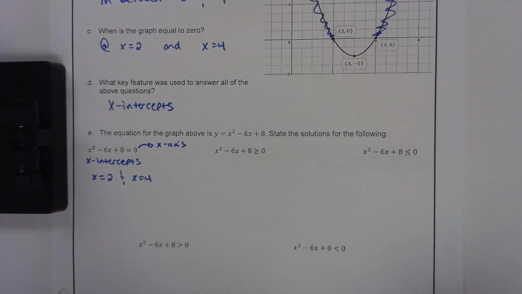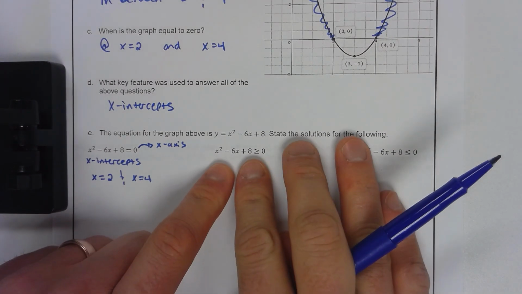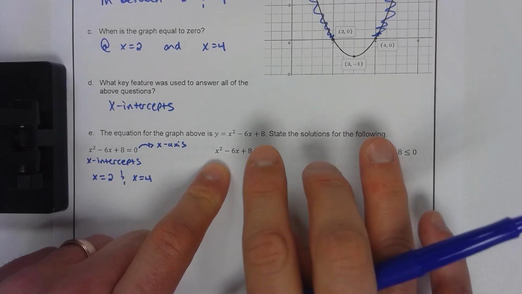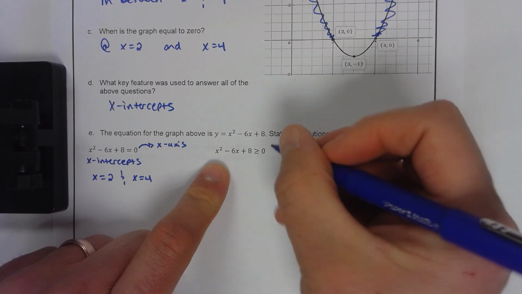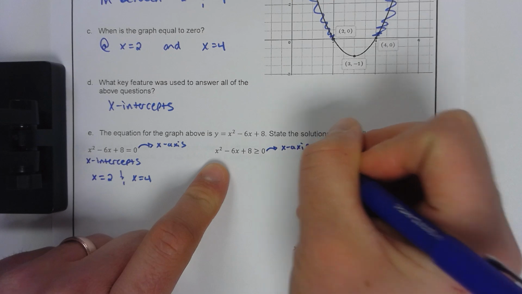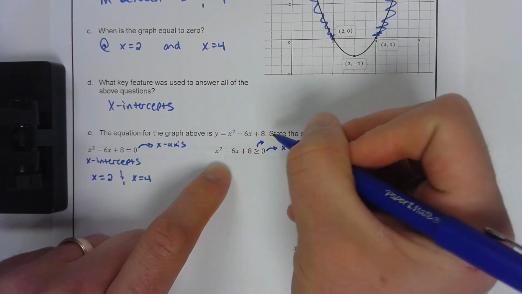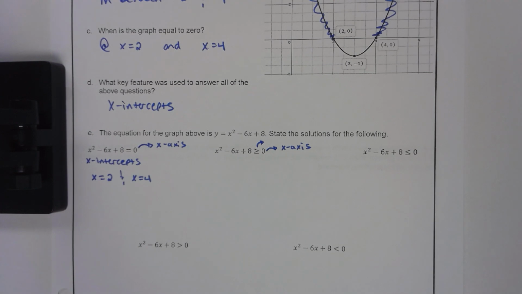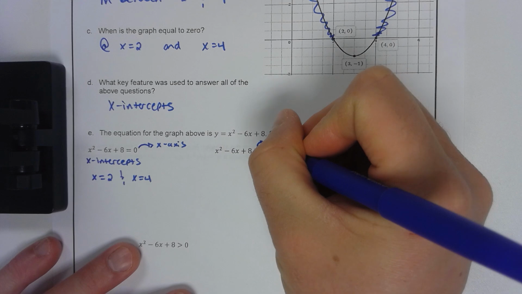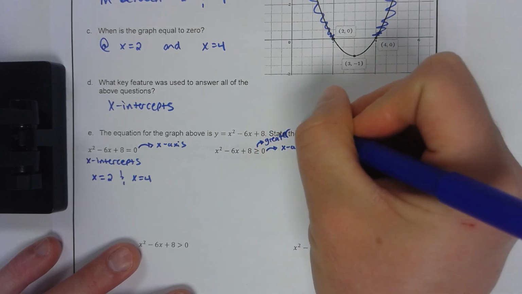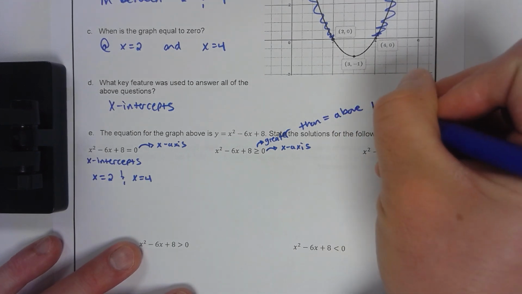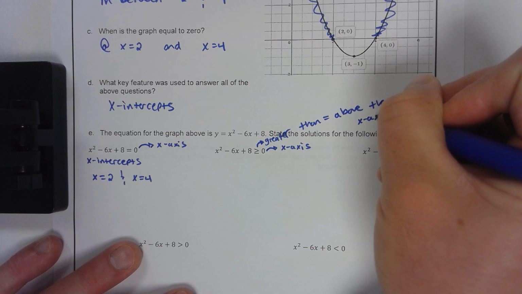Now this same thinking applies when we get to the inequality part. So this reads the quadratic being greater than or equal to 0. Well, the 0 we're interpreting as the x-axis. The greater than, well, if we're thinking of greater than, we're thinking above the x-axis. So the greater than is referring to above the x-axis.